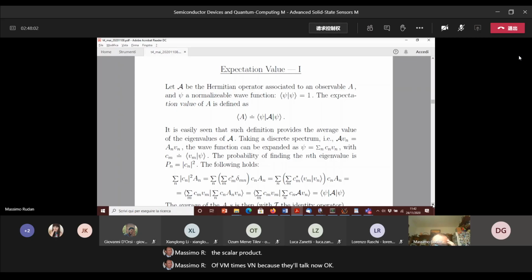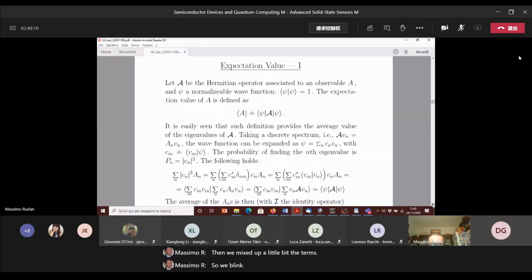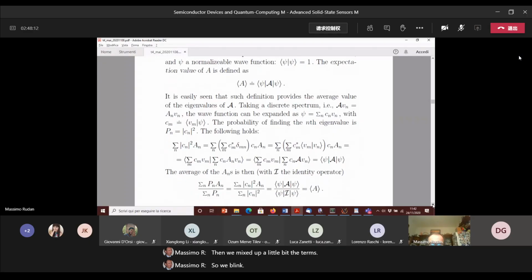Then we mixed up the terms a little bit. So we bring all the numerical parameters inside the scalar product. On the left we have the sum of CMVM. On the right we have the sum of Cn ANVN.